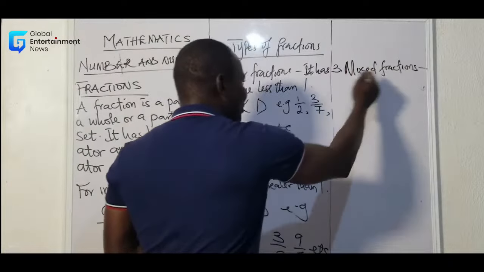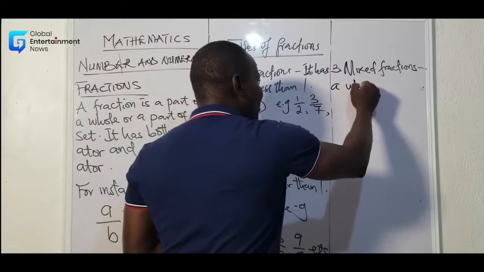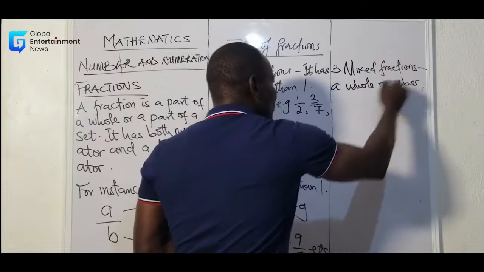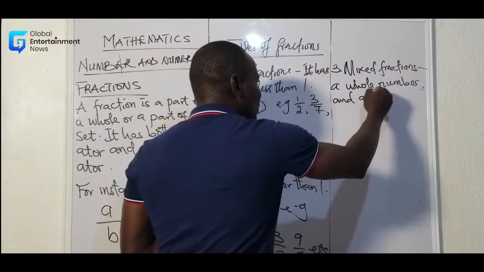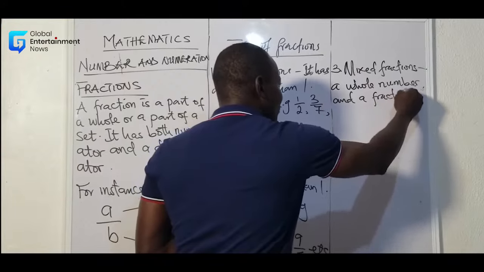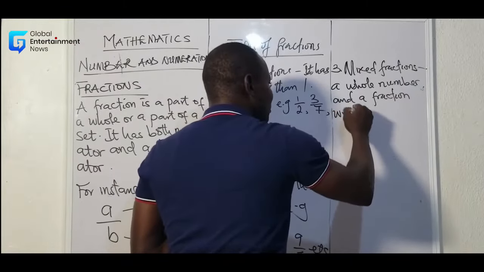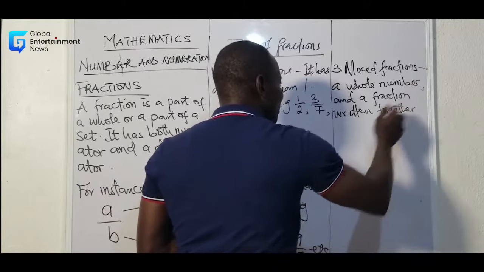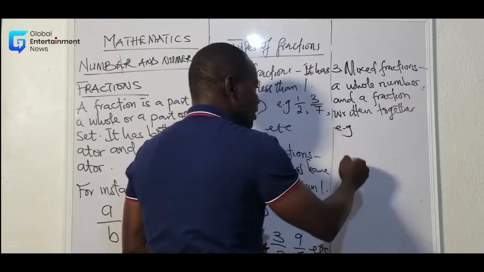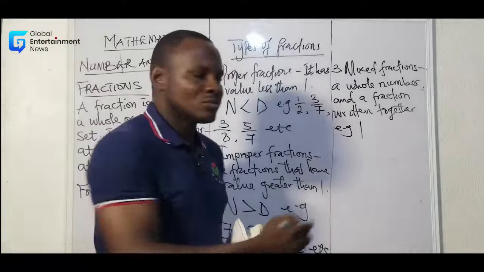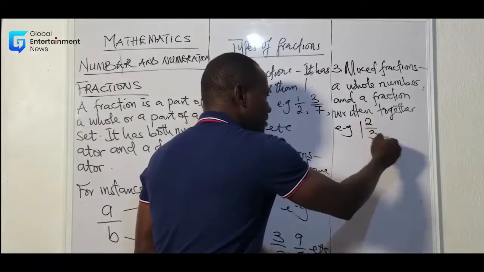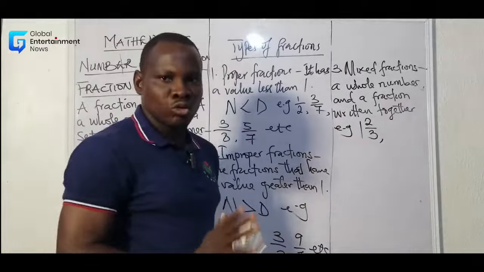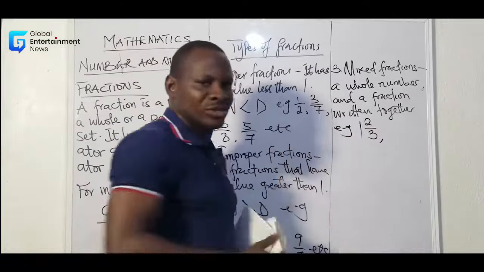For example, if I have 1 whole number, 2 all over 3, you can see 1 is the whole number, 2 all over 3 is a fraction.